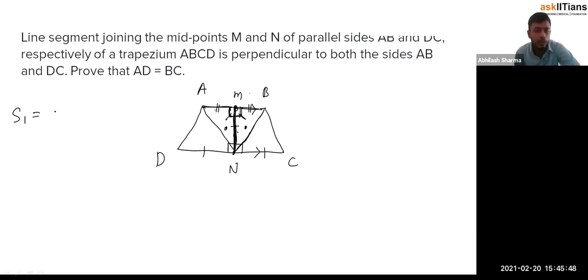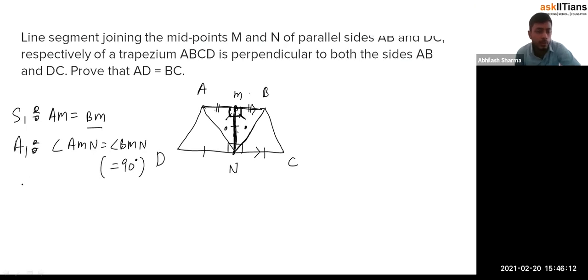First we talk about side AM equal to BM. We can't write MB here, we have to write BM. Angle AMN must be equal to angle BMN because both are 90 degrees. It is given to us, right? And finally we can talk about the final side, which is MN equal to MN, because it is common to both the triangles.